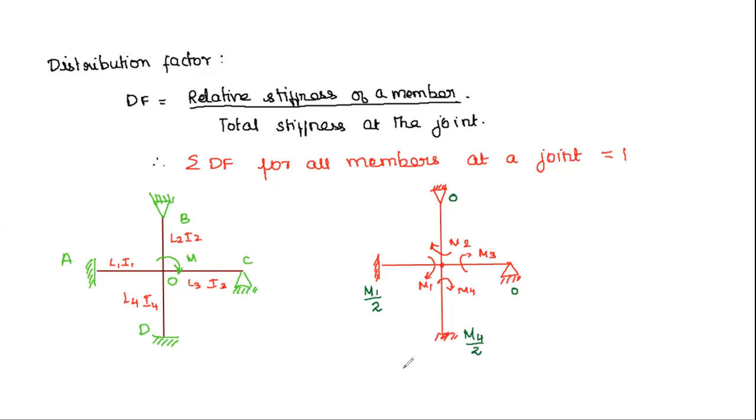Moving over to relative stiffness. Condition number 1: when the farther end is fixed.